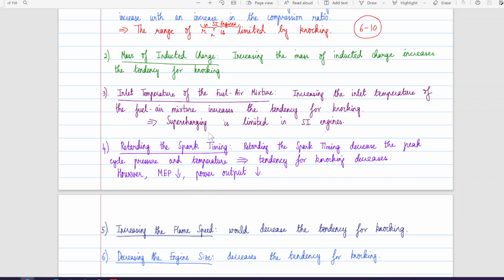Then there is retarding the spark plug timing. So we would adjust the spark plug timing in such a way that it reduces the knocking tendency, but that would also result in lower power output.